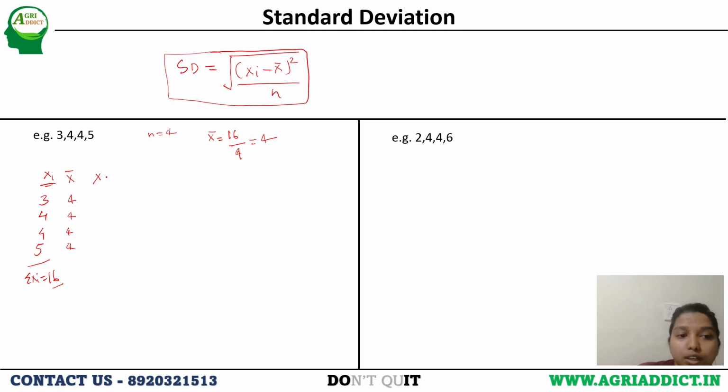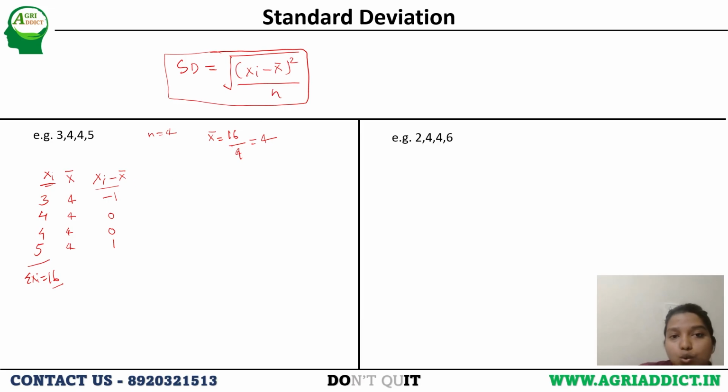Now we have to take xi minus x bar. So we'll subtract, and it will come minus 1. Here it will come 0, because 4 minus 4. Here 5 minus 4 will be 1. Now we have to take the square of it, as mentioned in the formula.